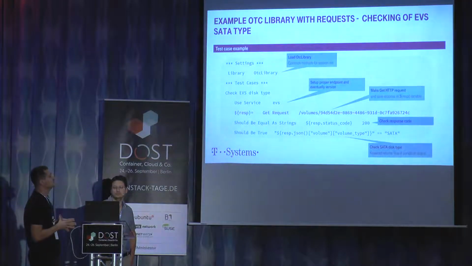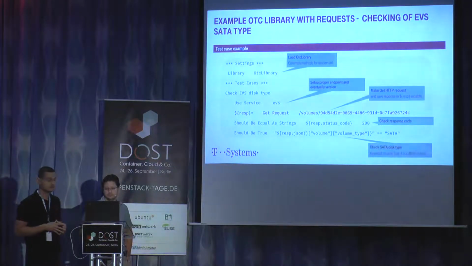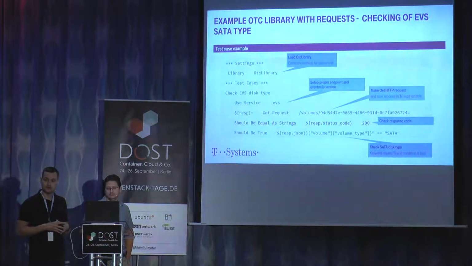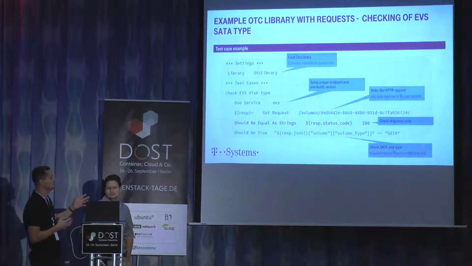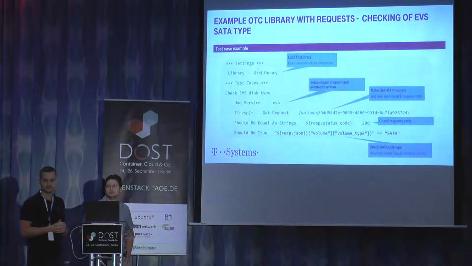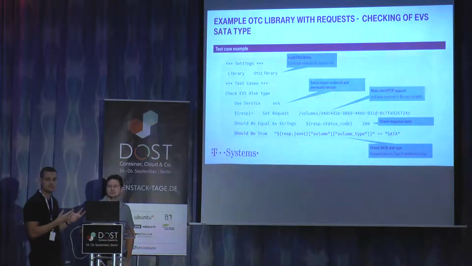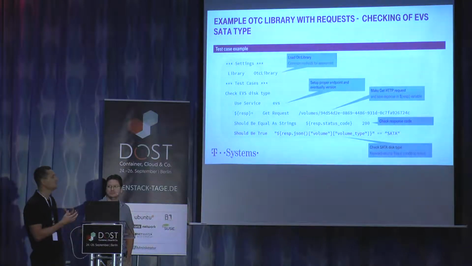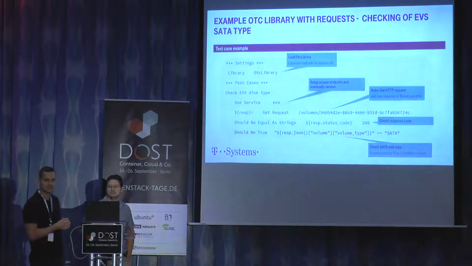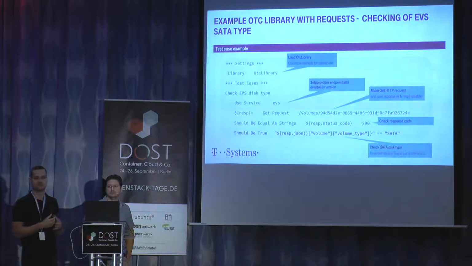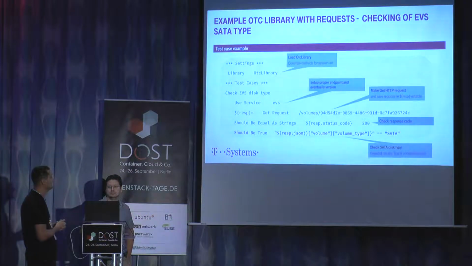But we still need to issue a GET request, and we still need to check the return code of the API gateway, and in the end, we evaluate whether the volume type is SATA-based. Here, it looks much better than the previous example, but still we need 4 keywords in a test case to check a simple action, a simple parameter of a volume.